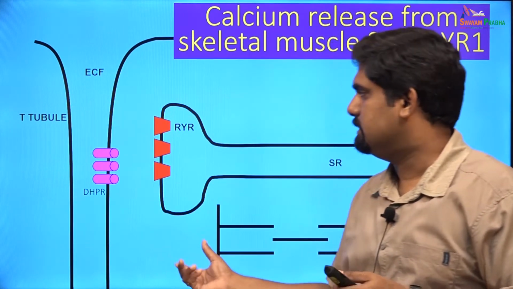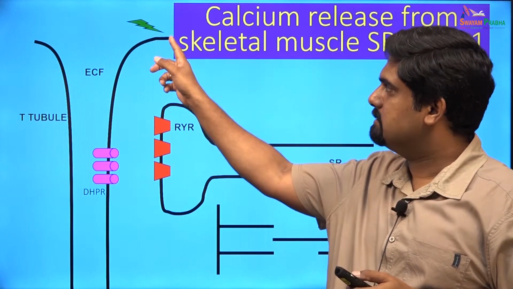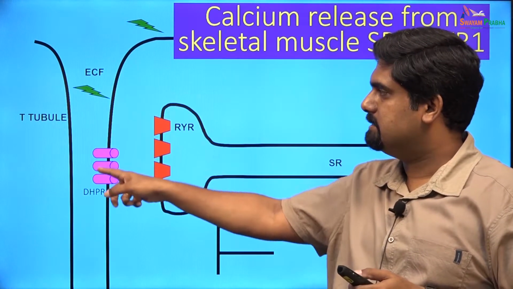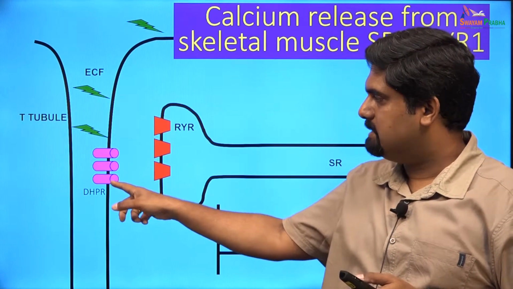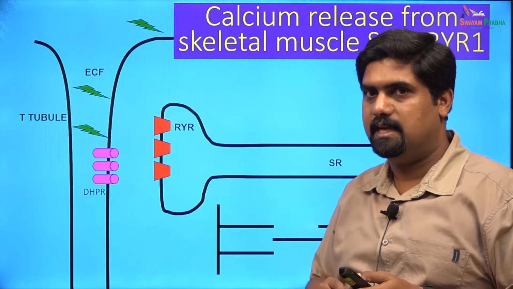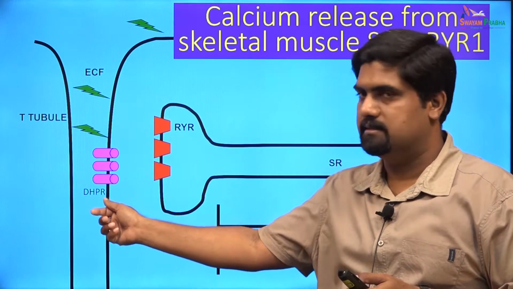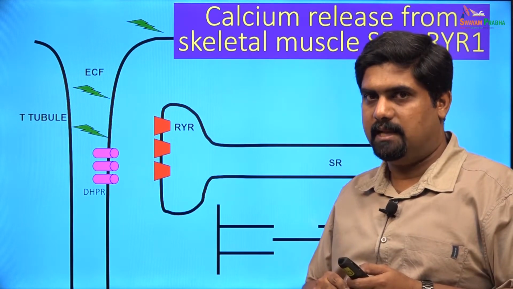So this is the cartoon of the skeletal muscle. When the skeletal muscle is depolarized, the depolarization travels through the membrane and it reaches into the cell through the T tubules, and they activate a class of L-type calcium channels present on the T tubule called dihydropyridine receptors. These are like L-type calcium channels.